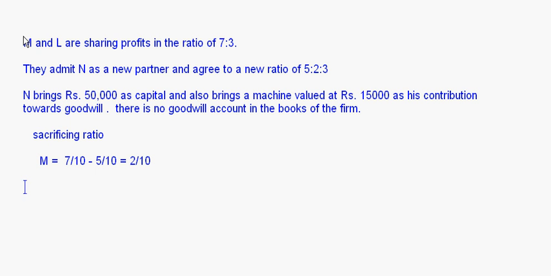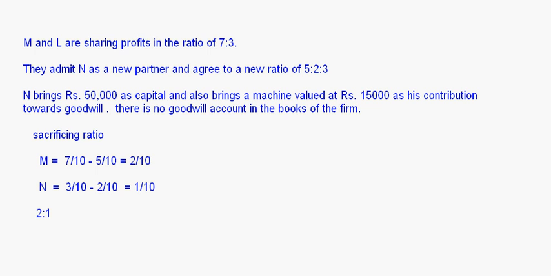This is for M. Now for N, the sacrificing ratio will be 3 by 10 minus 2 by 10, right? This will be equal to 1 by 10. Okay. So the sacrificing ratio is 2:1. Now let's go to the journal entries.